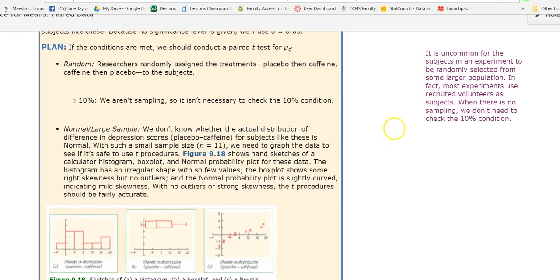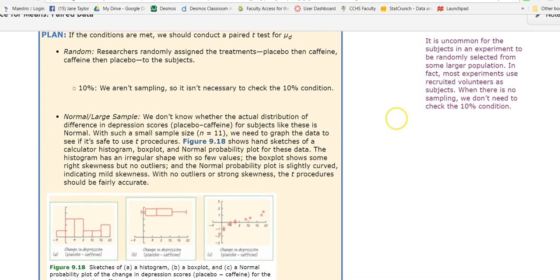So if we look at the conditions, I do want to point something out. The random condition here isn't that we randomly selected subjects, because that's very rare in an experiment. It is that we randomly assign the treatments. Also, we do not check the 10% condition because we aren't sampling. So don't say that 11 people is less than 10% of all of the population of people that might be caffeine dependent, because that doesn't make sense in this situation.